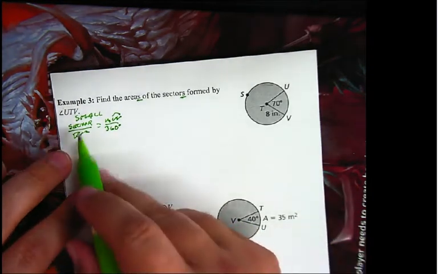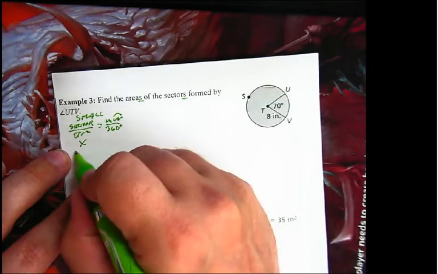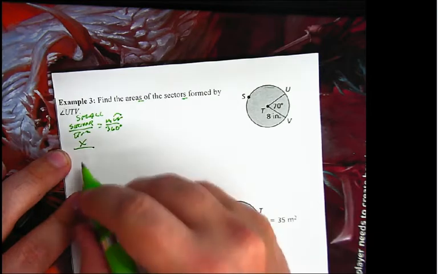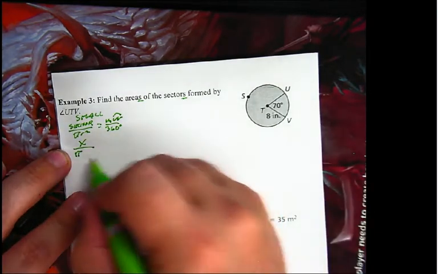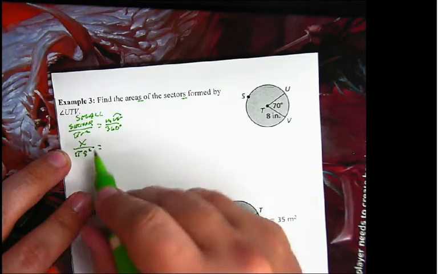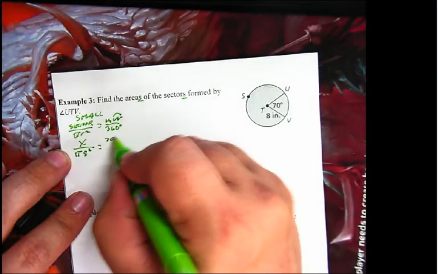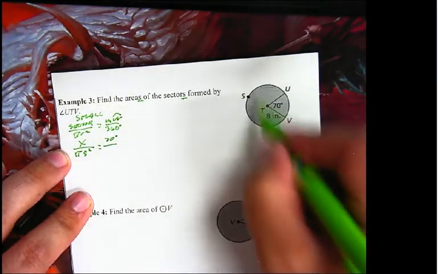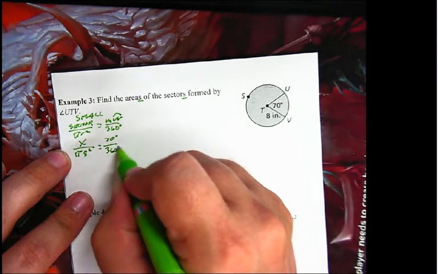So now we plug in what we know. The sector, I don't know. I'm going to use x. That's what I'm looking for. Over pi r squared. So we have pi times r, which it tells us is 8 squared, equals the measure of the arc, which is 70 degrees, divided by the angle for the entire thing, which is 360 degrees.